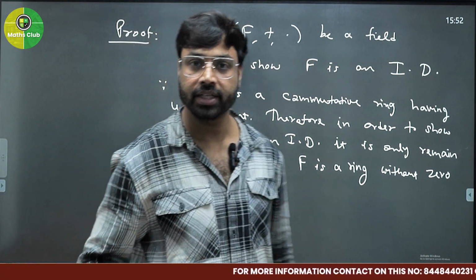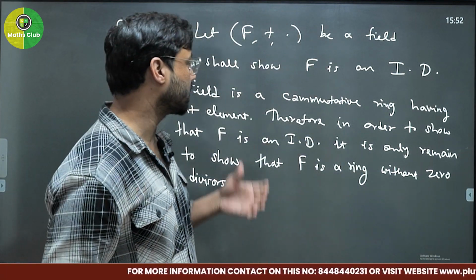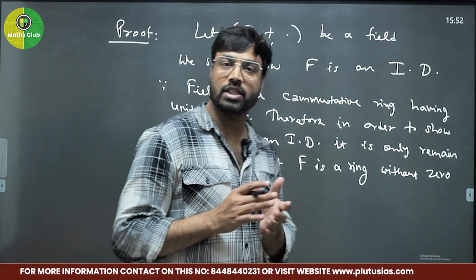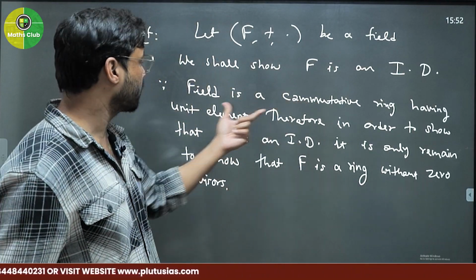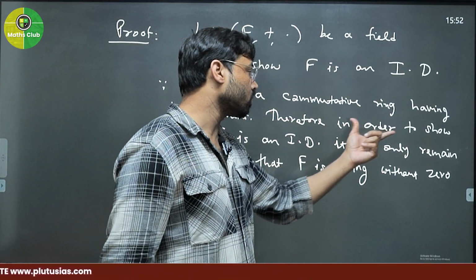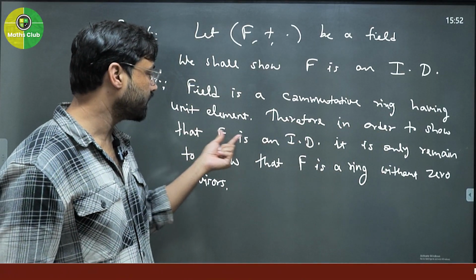Every field is a commutative ring with unit element, as we know that a field satisfies all the properties of a ring also. So a field is a commutative ring having unit element, and therefore in order to show that F is an integral domain, we need only show it has no zero divisors.